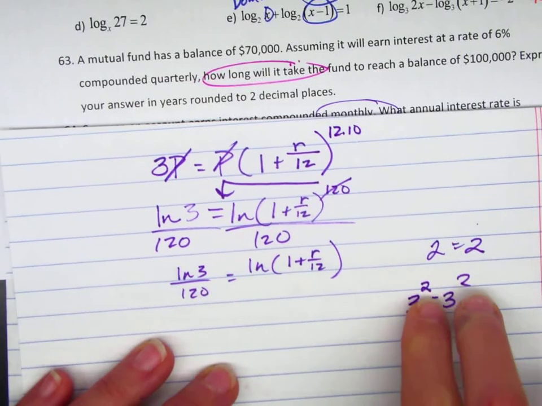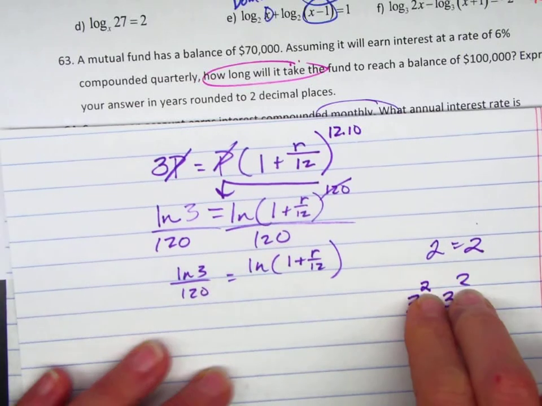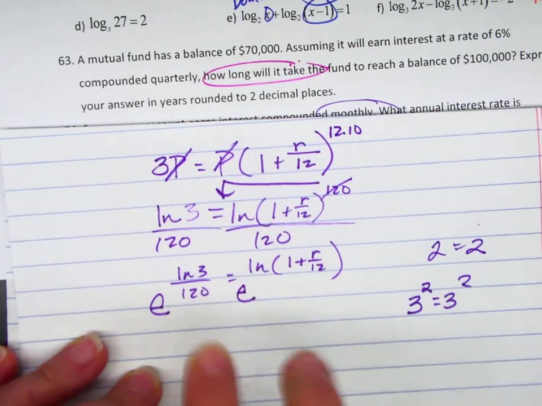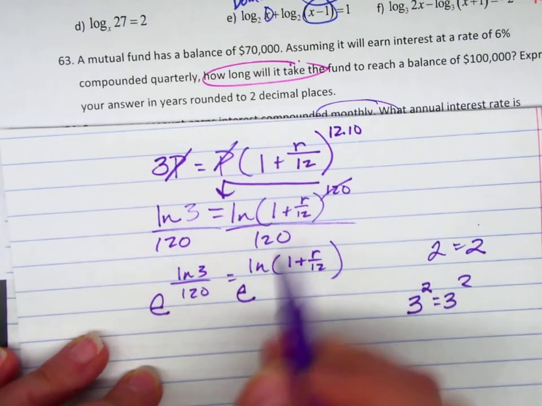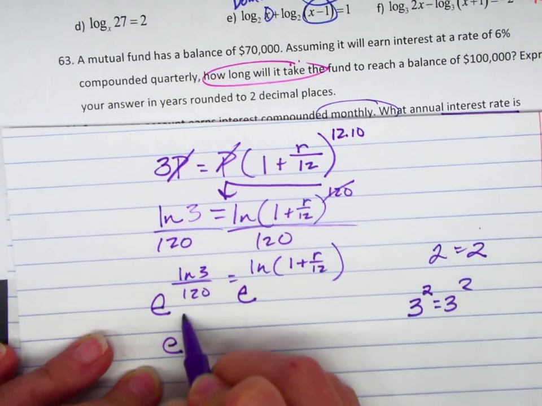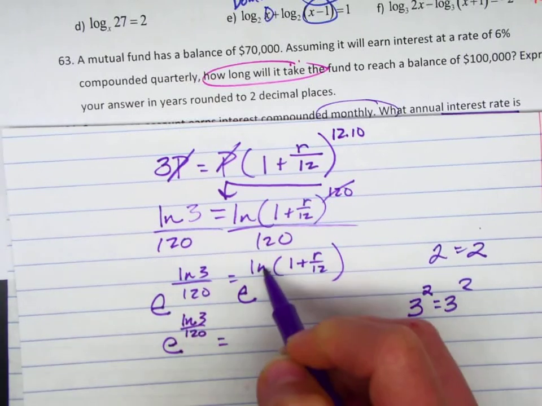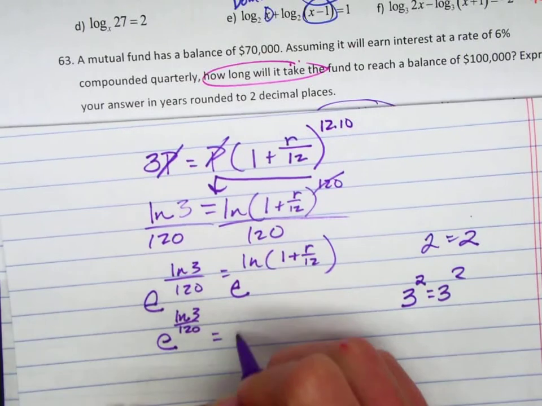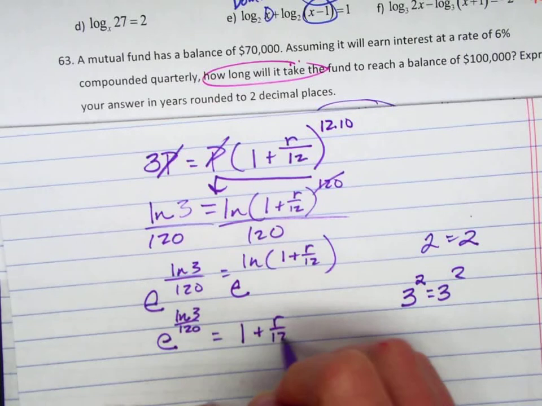So I created a base, and since these two were equal, this would be the same. I want to get rid of this log, so I'm going to create a base e. So now these are exponents here. And what happens is I get e to the natural log of 3 over 120 equals, all right, when you have the base to the log of the base, then it's going to be 1 plus r over 12.